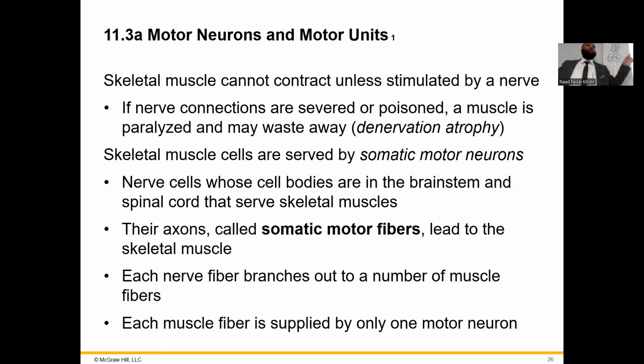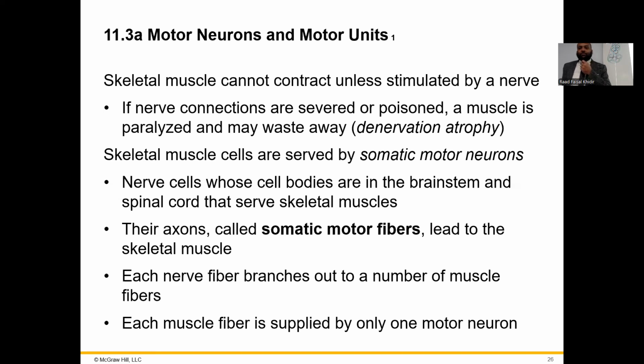Why? Because the arms are innervated properly, no problem. It is the legs that become really, really thin, because of the concept that if you don't use it, you lose it. Same thing, if you don't use your muscle because it's not being stimulated properly by the nerve, then that's going to cause loss.